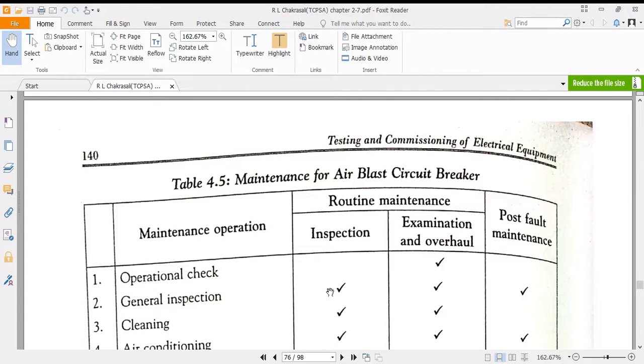What you can do is, if this is tick marked here, you can write SF6, comma, vacuum V, comma, air blast AB. Then you will have a consolidated table and you will be able to answer any question.